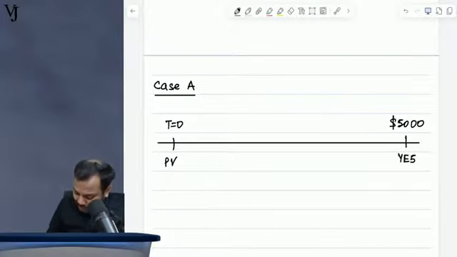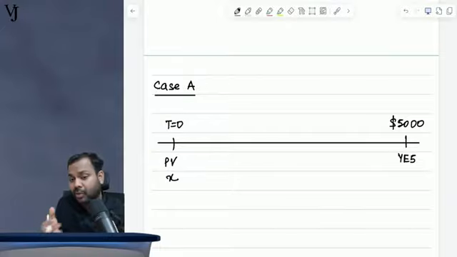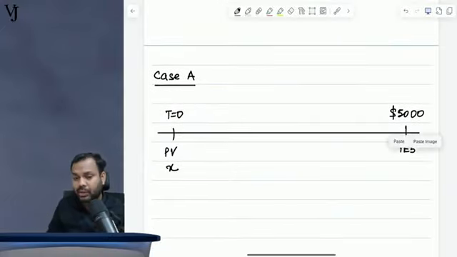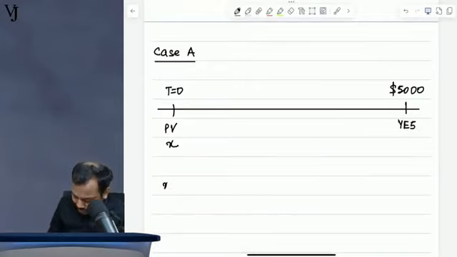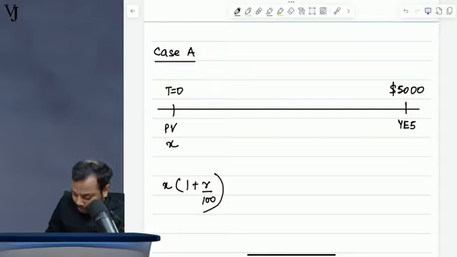Tell me, how will you calculate the same? Let's say the present value is X. Using the simple and the compound interest formulas, how to calculate the future values? X multiplied by (1 plus R by 100) to the power N is equal to 5,000.